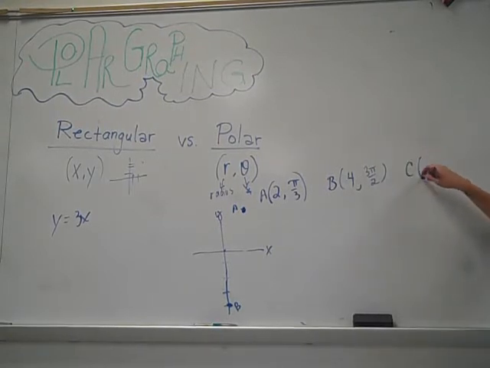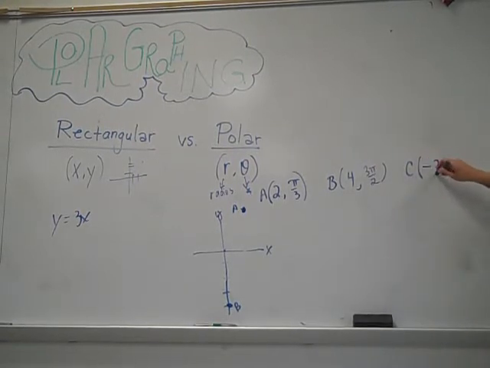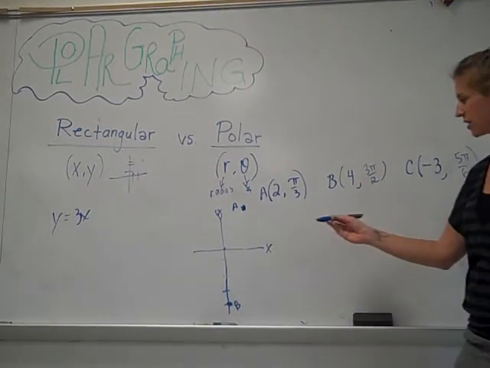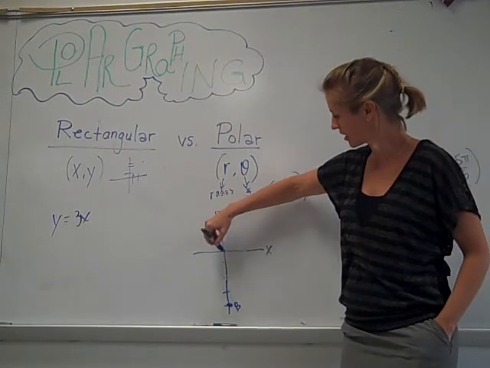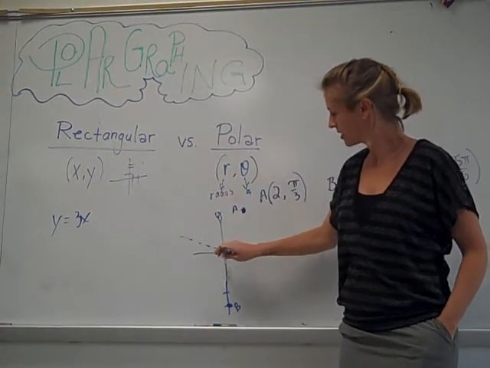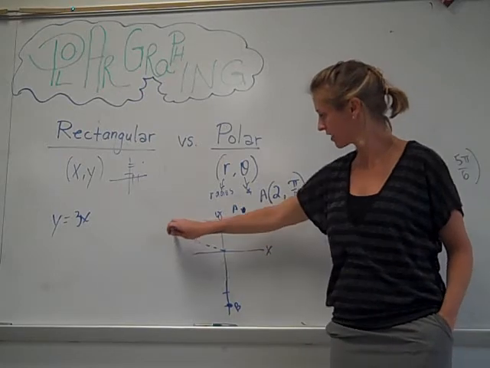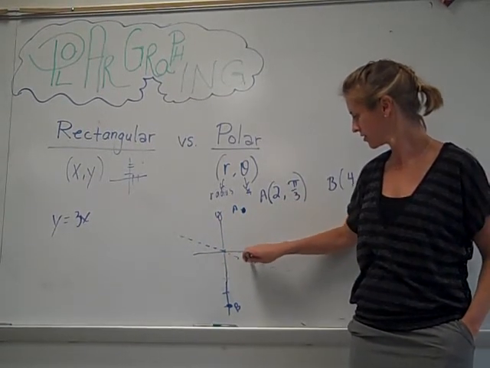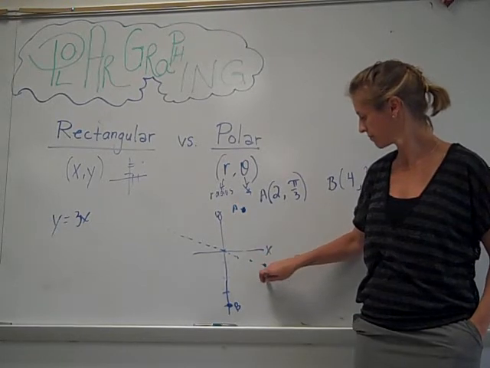Now what if I also said point C is going to be at negative 3 comma 5 pi over 6? You're still going to go to the angle of 5 pi over 6, which is here. But instead of counting out 3 in that direction, I'm going to go 3 in the opposite direction. 1, 2, 3.